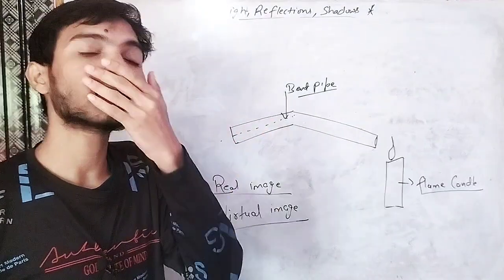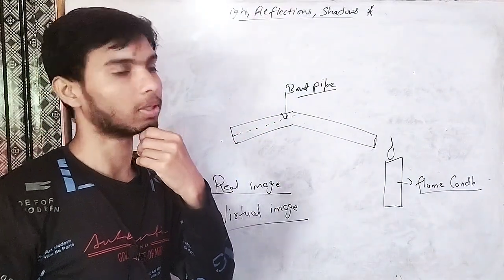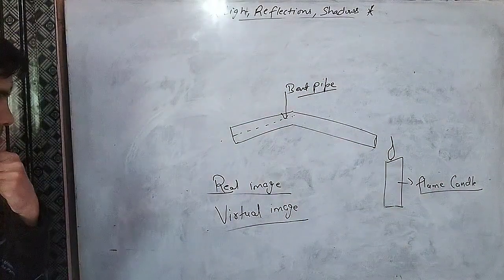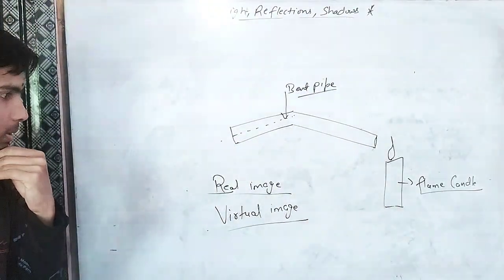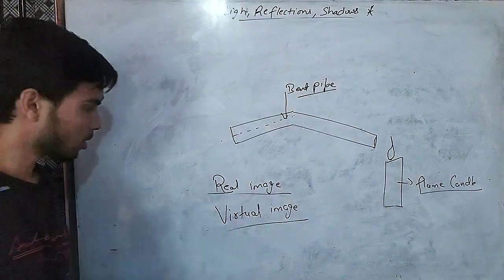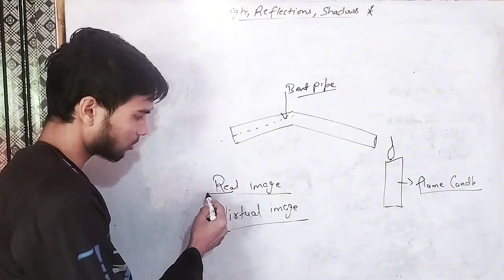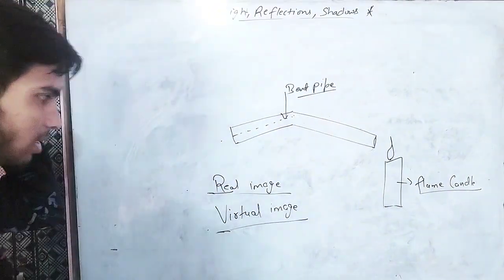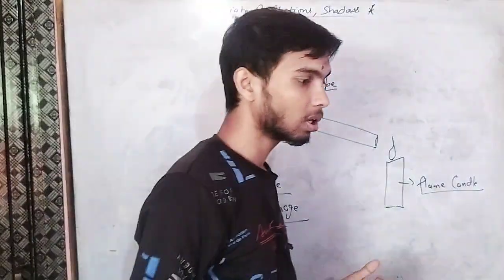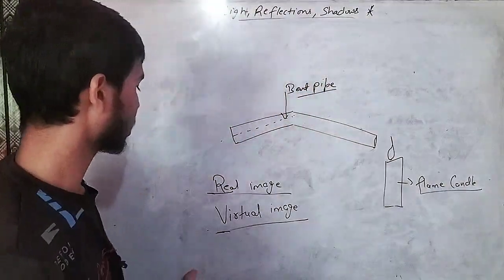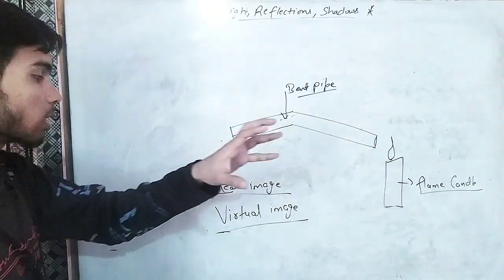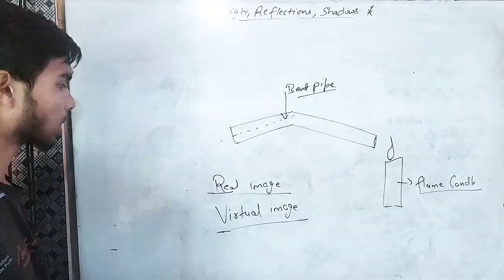So here we are not looking at a real image. So when will we see a virtual image? Virtual images are found inside mirrors. Whatever we see inside a mirror, those images are virtual, because those images cannot be projected on a screen.